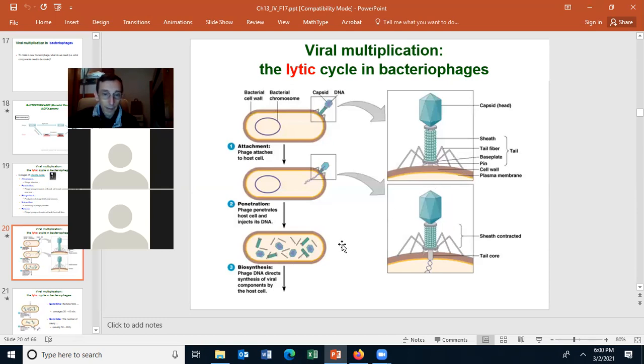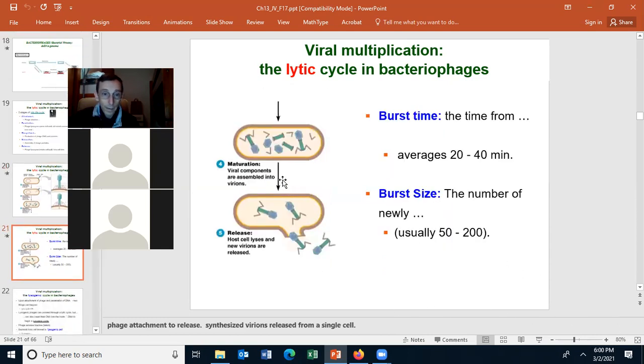The proteins of the tail fiber have to be made. And then you have maturation, where the viral components come together. The viral genome will be put into the viral head. The head will be attached to the sheath, and the sheath attached to the tail fibers.